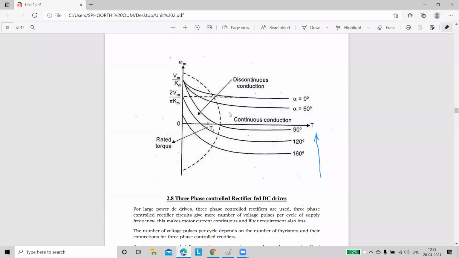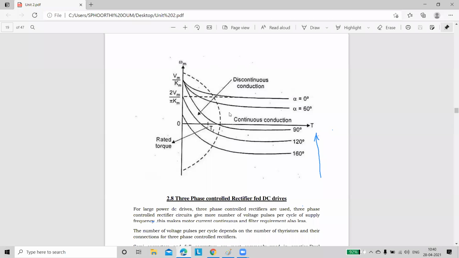In which quadrants are you getting the output voltage waveforms? Two quadrants, that is the first and fourth quadrants, right? So the single phase fully controlled drive is going to be operated in 2 quadrants. It is a 2 quadrant drive.